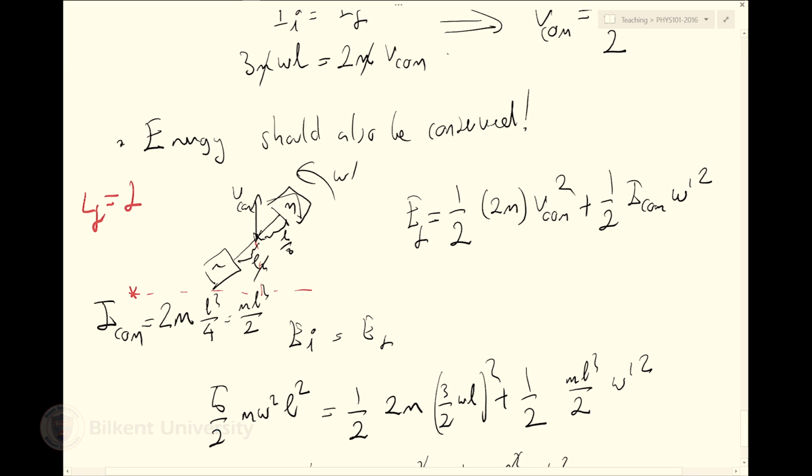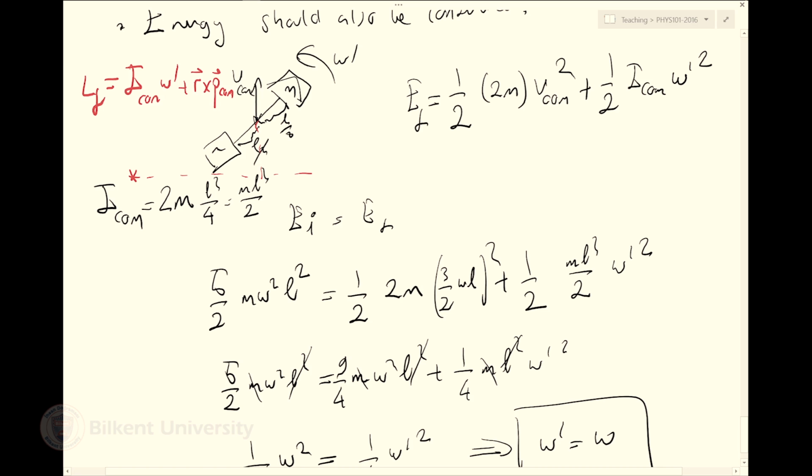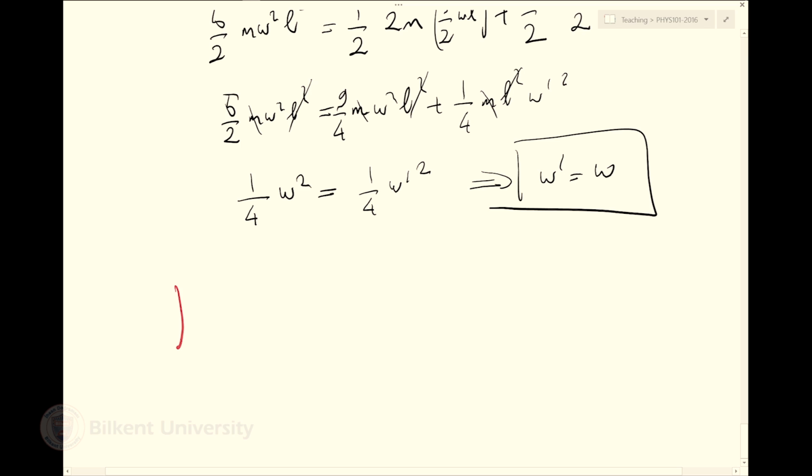I'll say there is the angular momentum around the center of mass plus angular momentum of the center of mass. So my idea is that L is made up of two things. It's going to be I center of mass times omega plus R cross P center of mass.